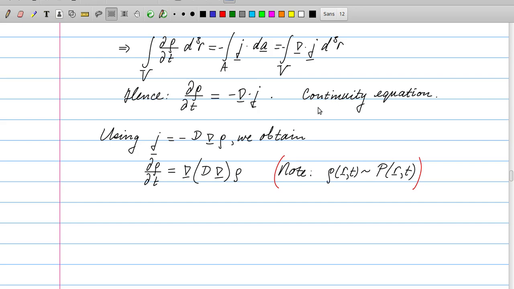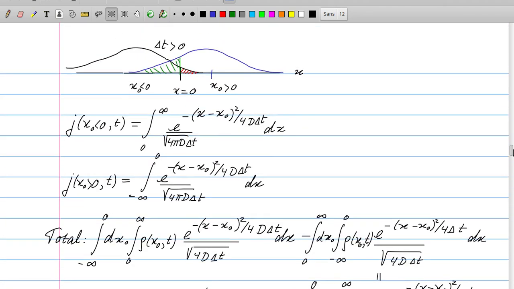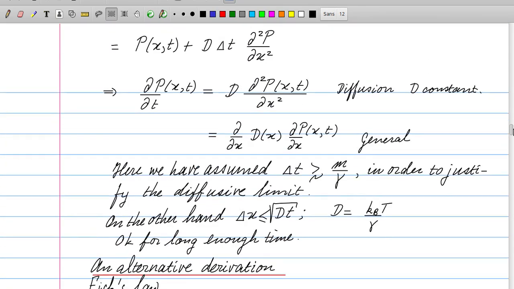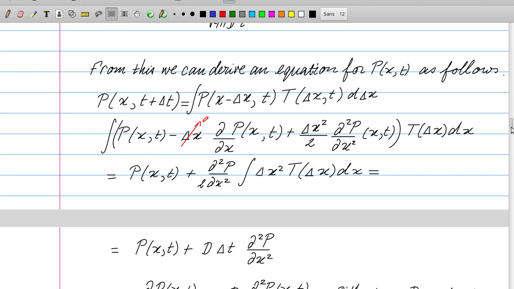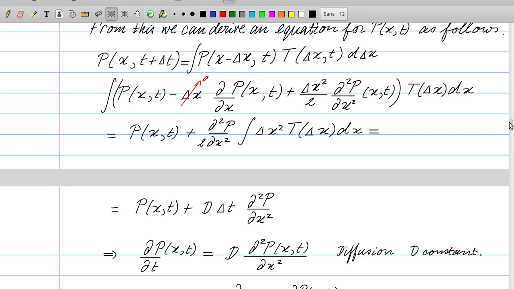We combined it with the continuity equation, and before we had used a different approach for the probability, from a time evolution of the probability. But in both cases the assumption was that x satisfies a Gaussian probability distribution if we release a particle from a particular position for some time.